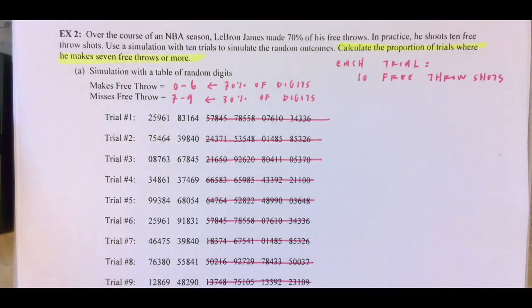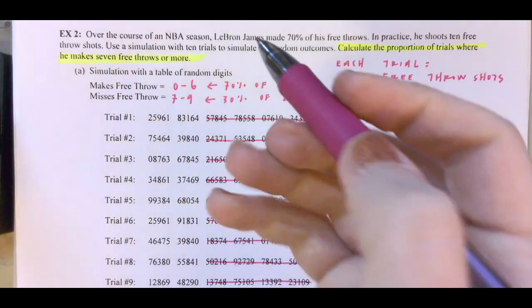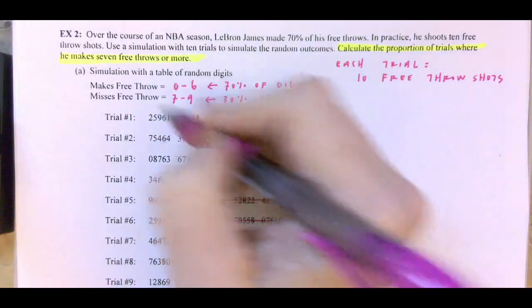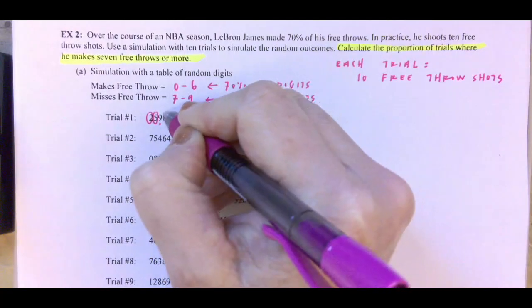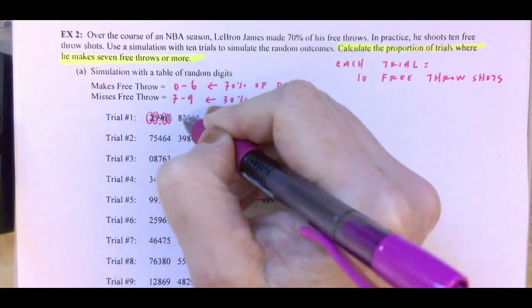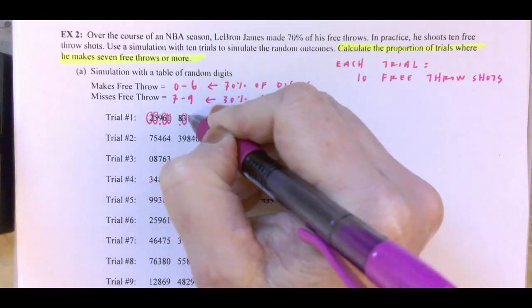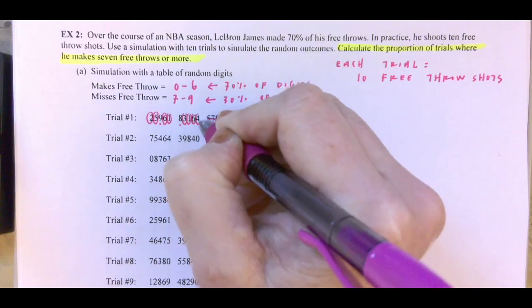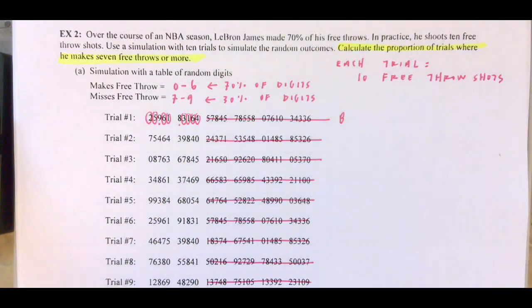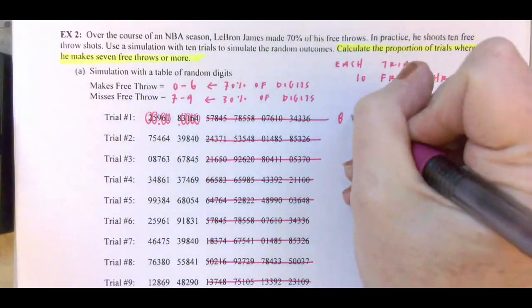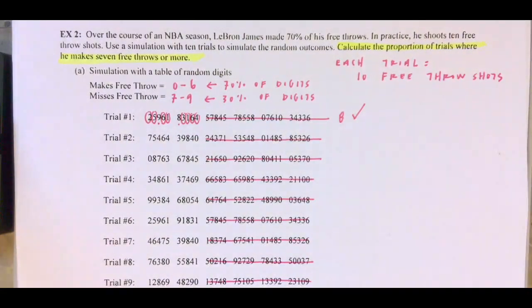A 7 through 9 means that he's missed it. Okay, so if I circle all the ones that he's made, right, that's the 0 through 6s. So he's made those, but now he's missed. He's made those, missed. Made all of these. So he's made 8 free throw shots here. Is that 7 or more? Yes, it is. I'll put a little check right there.